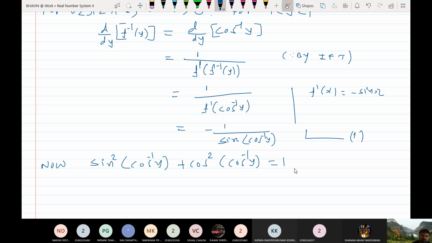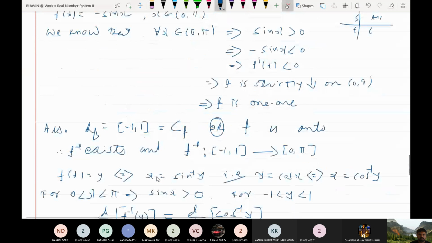Now see, this y belongs to -1 to 1. Cos square of cos inverse y, you can cancel inverse and this, you will get this as y square. Do you understand?